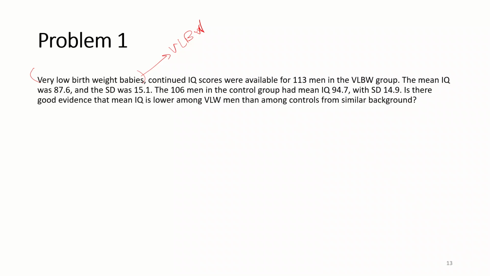So how are you doing it? Z equals x1 bar minus x2 bar divided by the standard error, no? By that formula. Then what will be the standard error?